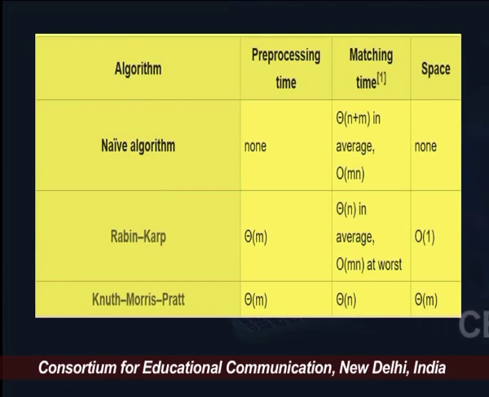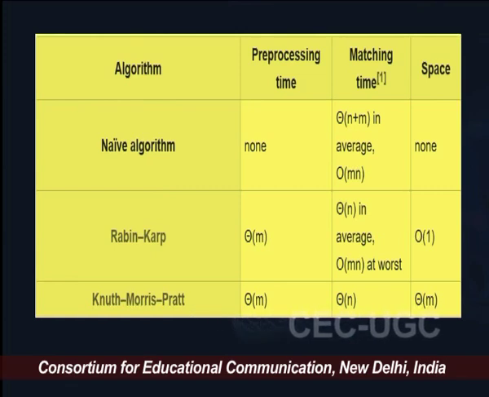Space complexity, or the requirement of auxiliary space, is not there. So for the naive algorithm we have order mn complexity and just constant space. We do not need any extra space apart from some counters to be maintained, and pre-processing is not to be done.